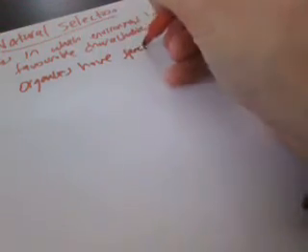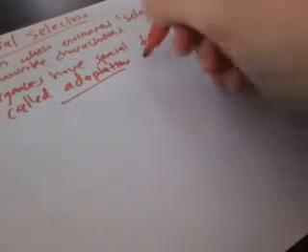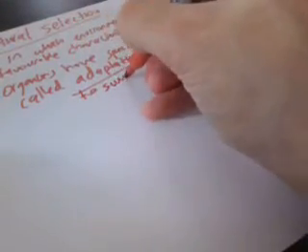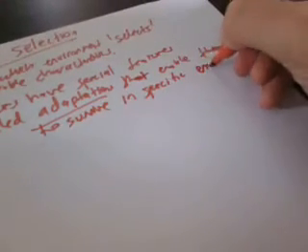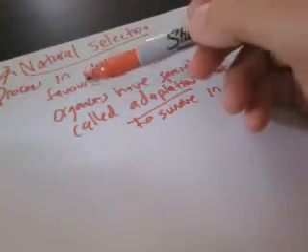So organisms have special features, called adaptations. It's an important word you should know, that enable them to survive in specific environments. The process by which a species becomes fitted to its environment.